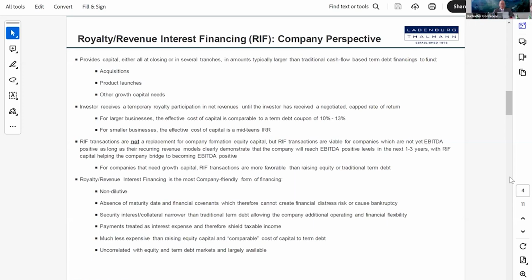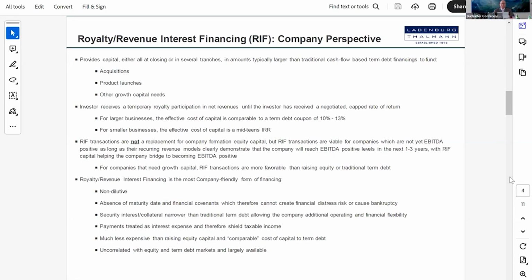Revenue interest financings are not a replacement for company formation equity capital. If you've raised a few $100,000 for your company, don't expect the revenue interest financing provider to provide 10, 15, 20 million. They're looking to provide growth capital once the company has been financed in terms of its basic infrastructure.